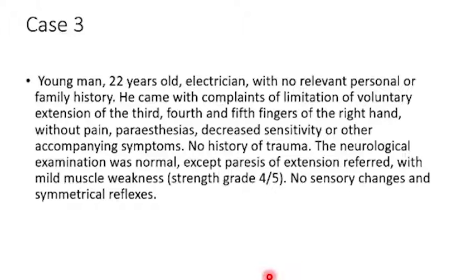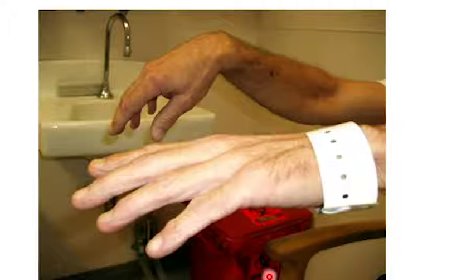No history of trauma. The neurological examination was normal, except paresis of extension of the third, fourth and fifth fingers, with mild muscle weakness, grade 4 or 5, no sensory changes, and symmetrical reflexes.